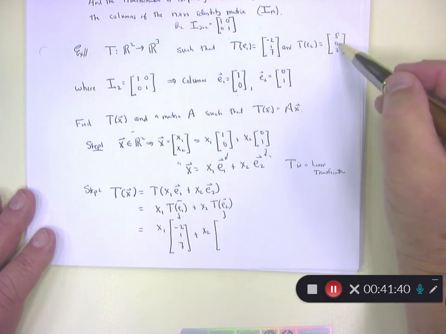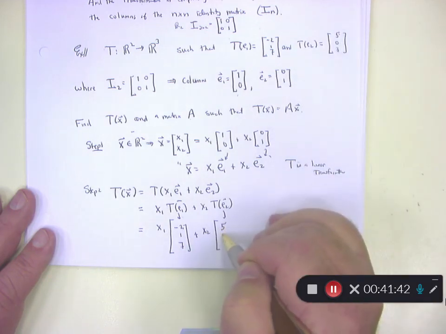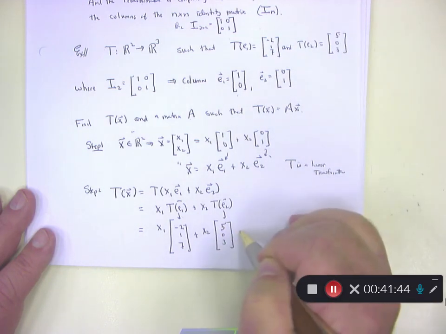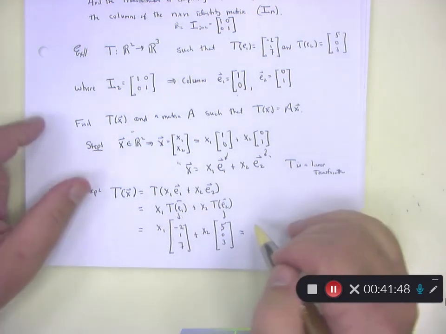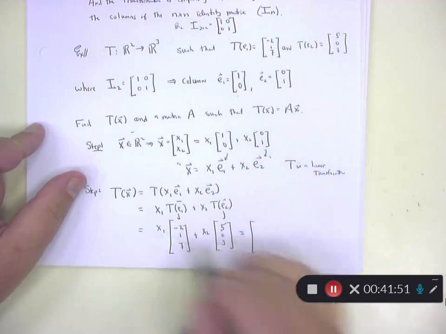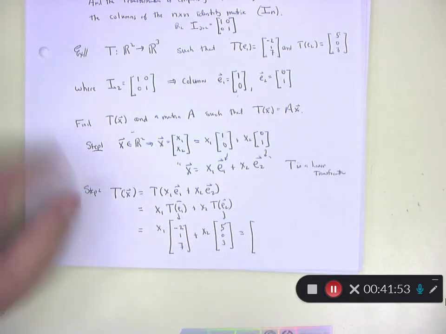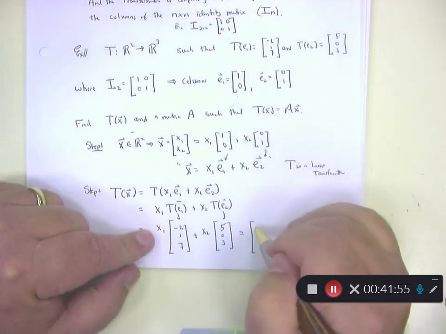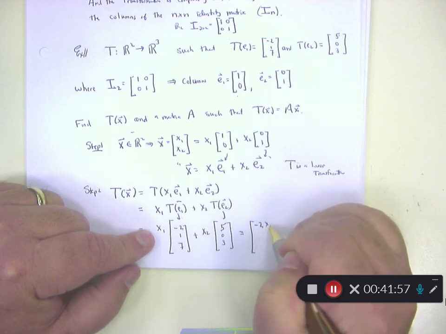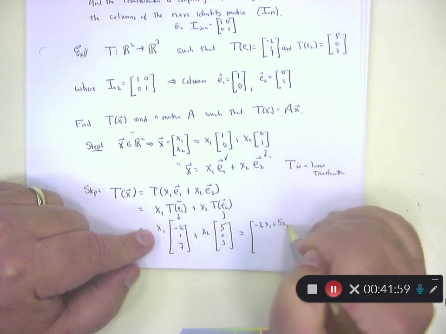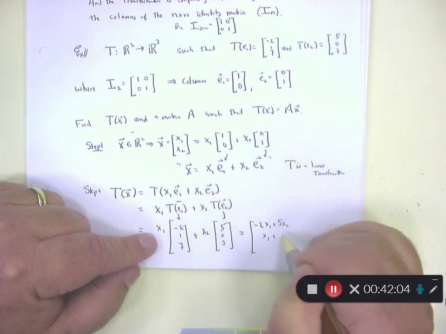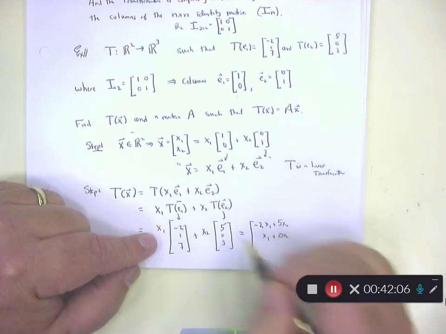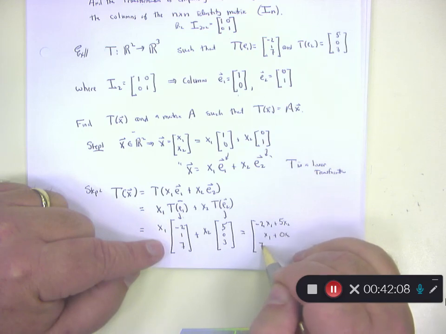E2 was (5, 0, 3). Okay, so who is this guy equal to? Well, how do I multiply scalars times vectors? You just do it component-wise. This is -2 times x1 plus 5 times x2. This would be x1 plus 0x2, if you think about it, because that's 0. And then 7x1 plus 3x2.